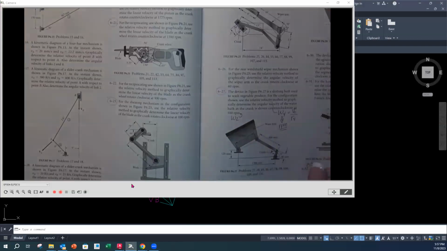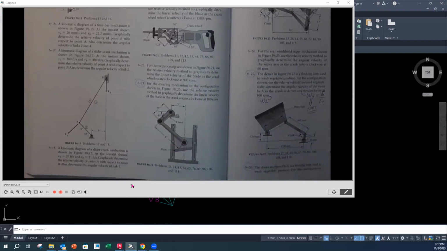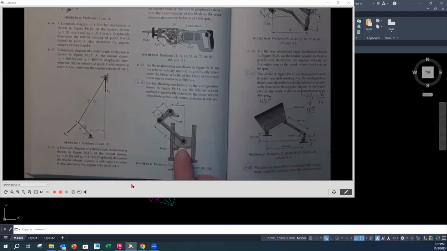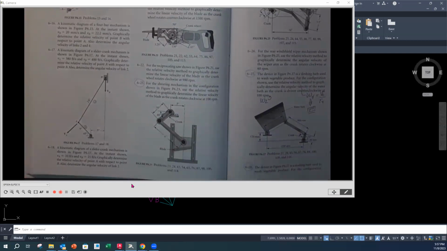Our next problem is going to be number 23 here. This is a shearing mechanism in the configuration shown. We want to determine the linear velocity of the blade as that crank rotates clockwise at 100 RPM. So this is going to be going in this direction here, and we want to know what the blade is doing at this moment in time.